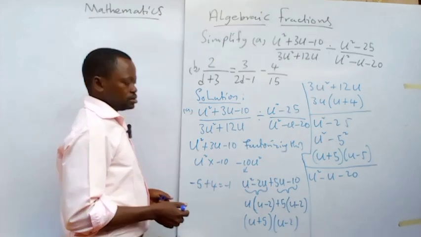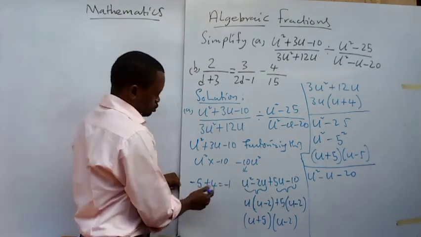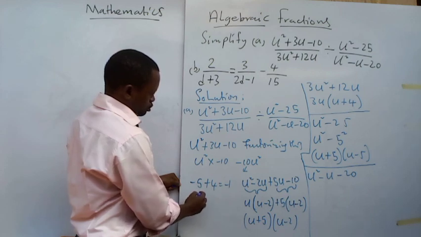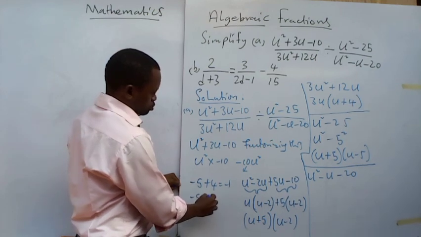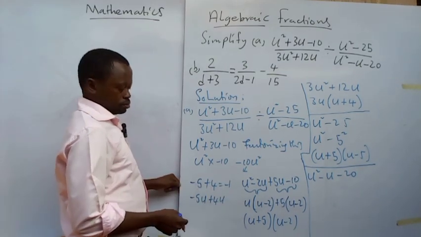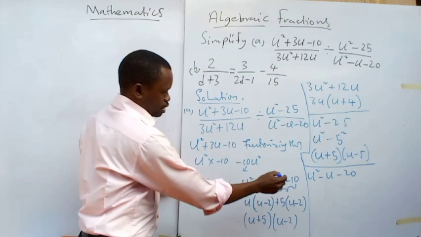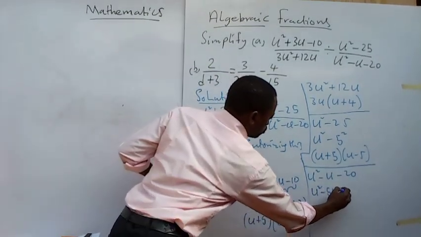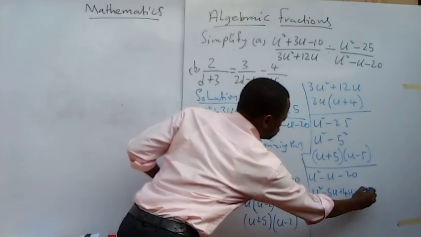As simple as that. Okay, so I can use it and replace, and this will now become minus 5u plus 4u, and that will give me minus u. So I'll put it here: u squared minus 5u plus 4u minus 20.